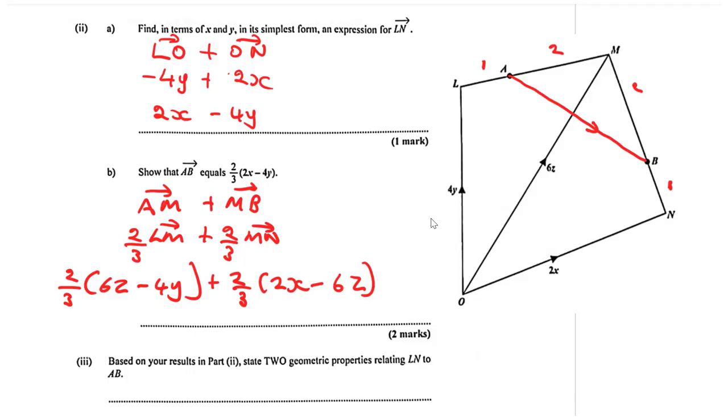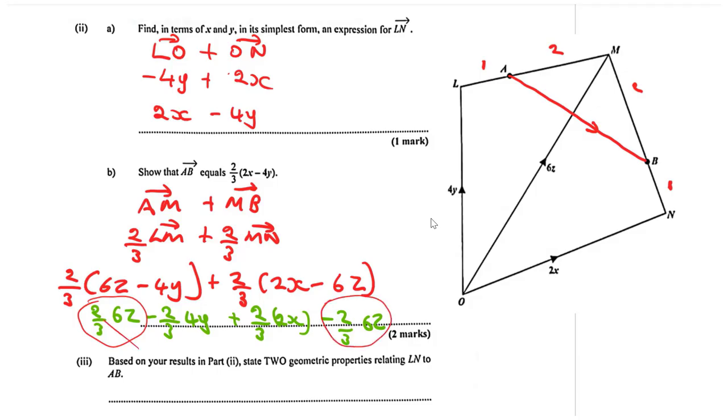Now, if we expand the brackets, we're going to get 2/3 of 6z minus 2/3 of 4y plus 2/3 of 2x minus 2/3 of 6z. Now notice that we have 2/3 of 6z and we have negative 2/3 of 6z. So those will cancel.